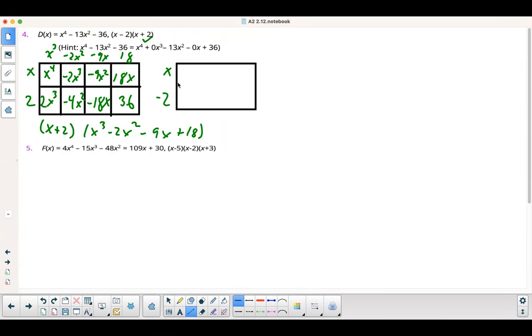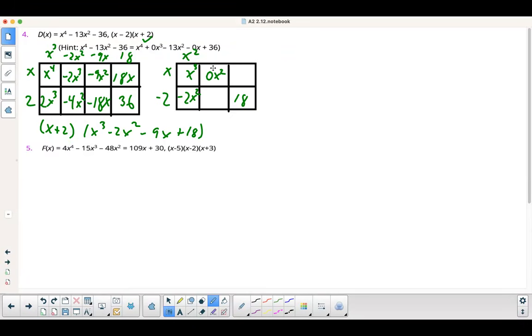All right, so this is going to be x cubed, and this is going to be 18. So ready? X times x squared, and then I can multiply this. It's negative 2x squared. And then these have to add up to negative 2x squared, so this is going to be a 0x squared.